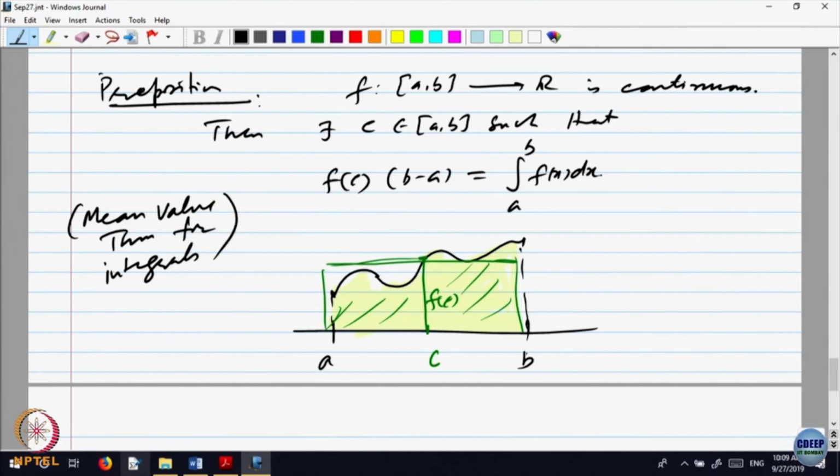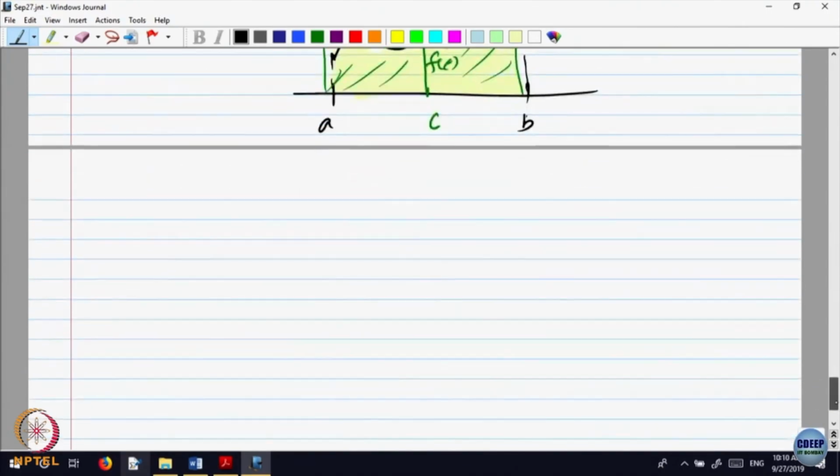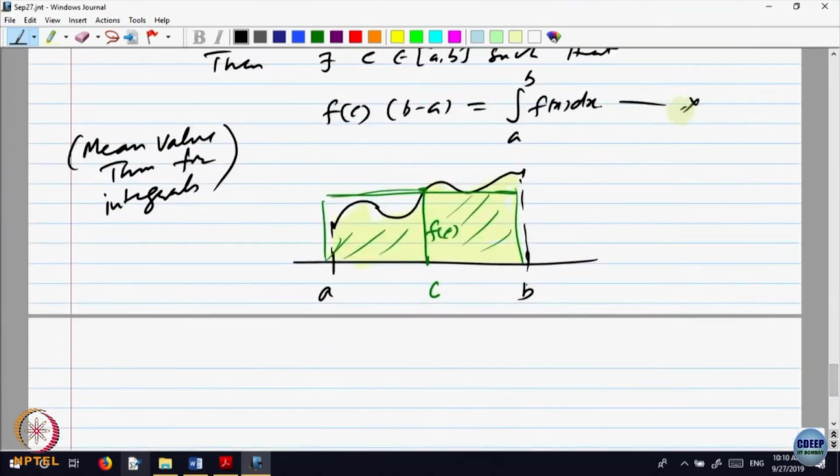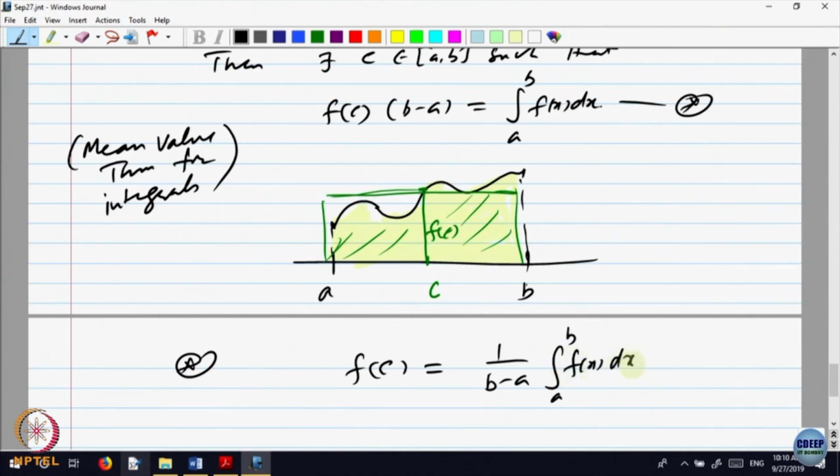Why mean value? You can also interpret the claim star as f of C equal to 1 over b minus a times the integral a to b f(x) dx. What does the right hand side represent?